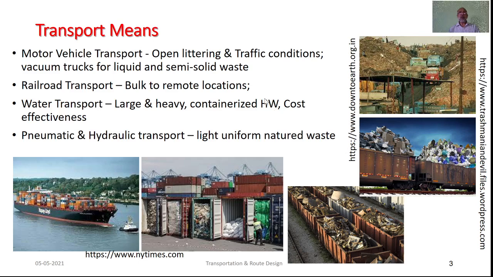Sometimes for a particular building, for a particular region, if the waste is of uniform nature, if it is light in weight, and if it is transportable through certain pneumatic and hydraulic means, one can have the waste conveyed through conduits by using pneumatic and hydraulic hoses.